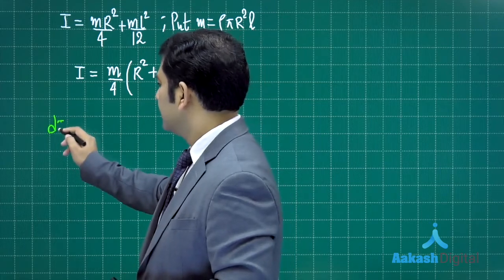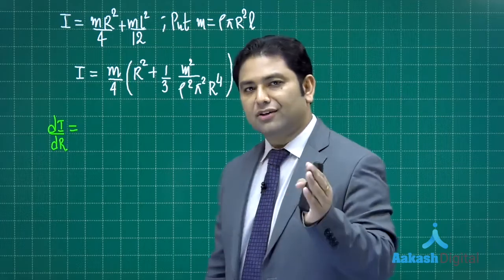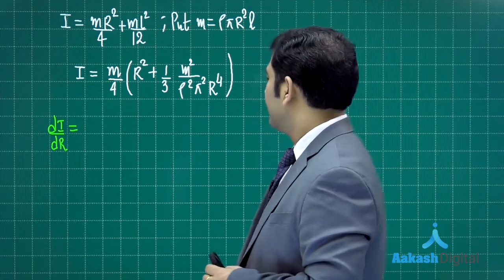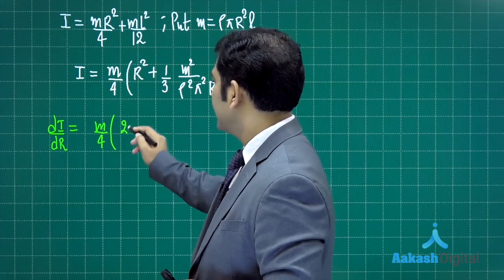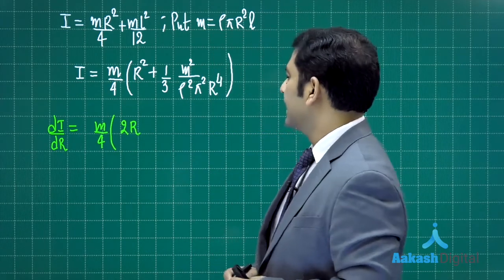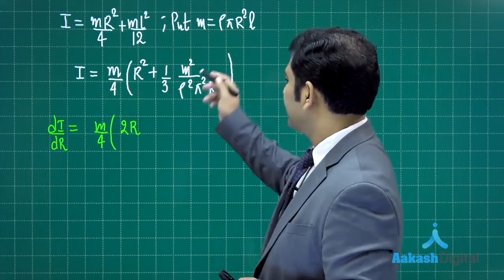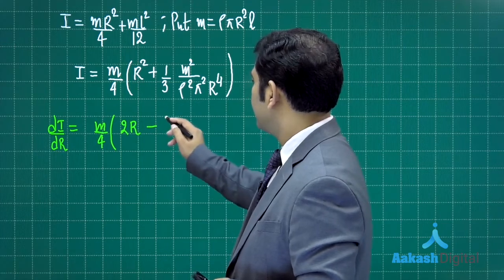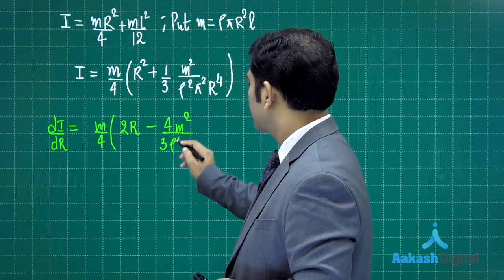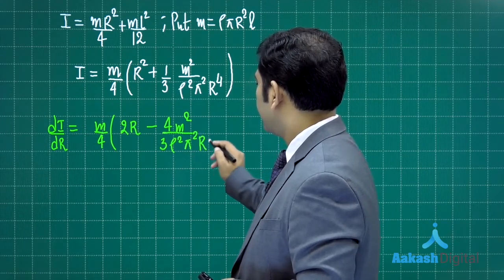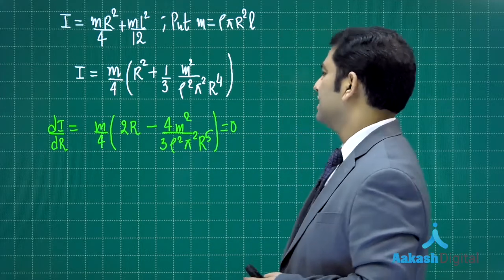So of course we take dI by dr and equate that to 0, the condition of minima. That gives m by 4 as the coefficient outside, times 2r. The value of m is constant, so the derivative is going to give minus 4m square by 3 rho square pi square r raised to the power 5. We need to equate this to 0.